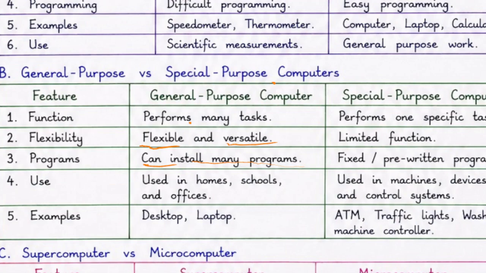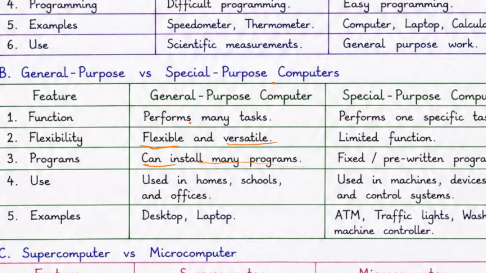You have WhatsApp, your alarm, your date, your calendar, so many apps that are installed. That is one of the features of a general purpose computer. It can install many programs used in homes, schools, and offices. Examples: desktop, laptop.